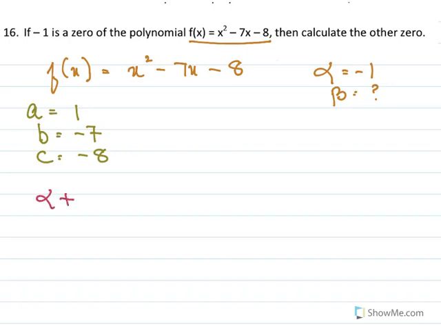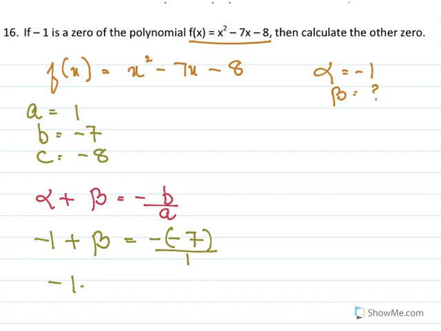We know alpha plus beta is minus b by a, and the alpha we know is minus 1, but beta we do not know. Minus b by a, b is minus 7 and a is 1. So we put minus of minus 7, because that's b, over 1. So minus 1 plus beta equal to 7. So we have beta equal to 7 plus 1, and beta is equal to 8.